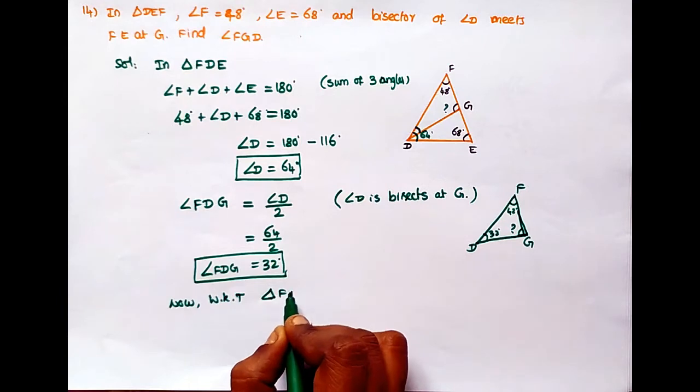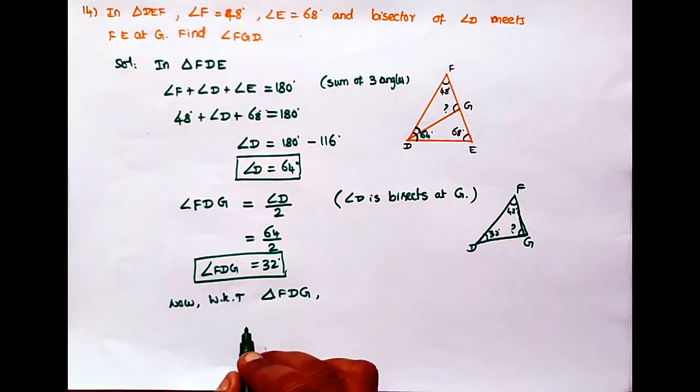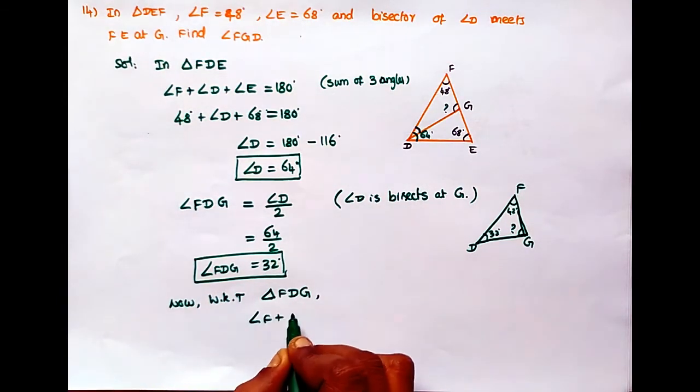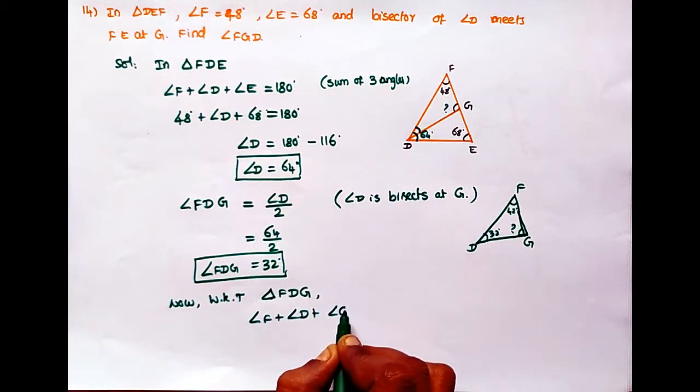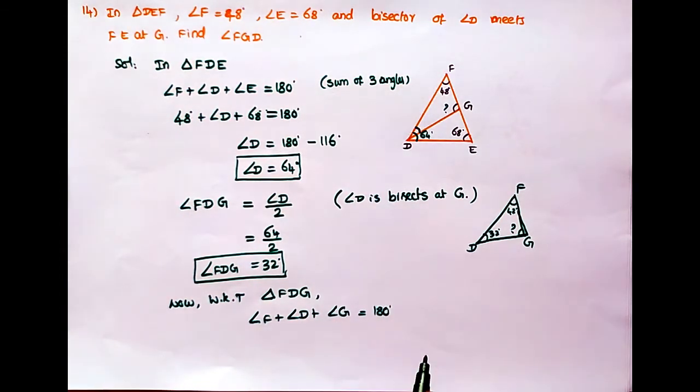Now we know that in triangle FDG, angle F plus angle D plus angle G equal to 180 degrees. Sum of the three angles again. So F is 48 degrees plus D is 32 degrees plus angle G equal to 180 degrees.